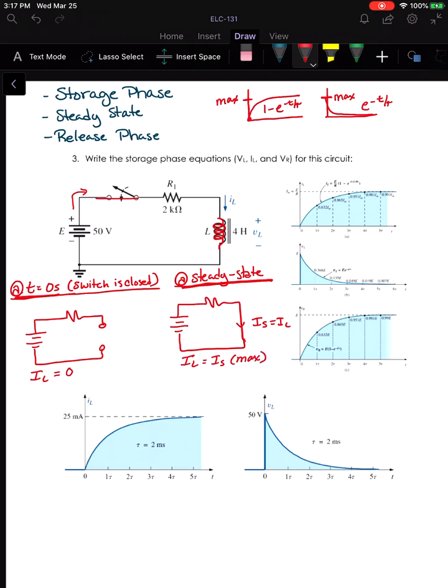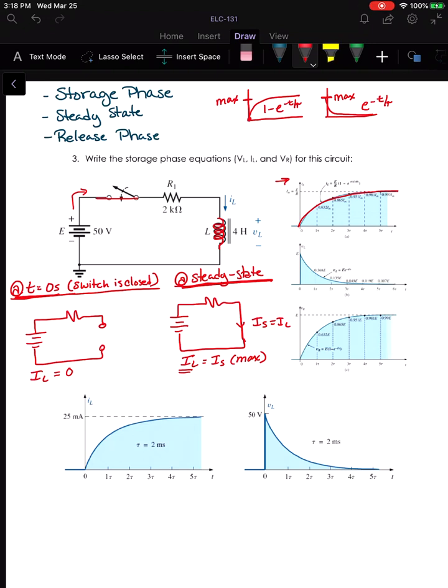So I sub L has this shape here, where we start at 0 and we go to that maximum current over time. If you remember from our capacitor discussion, the voltage is what did this with the capacitor. For the inductor, it's the current that starts at 0 and goes to a maximum.